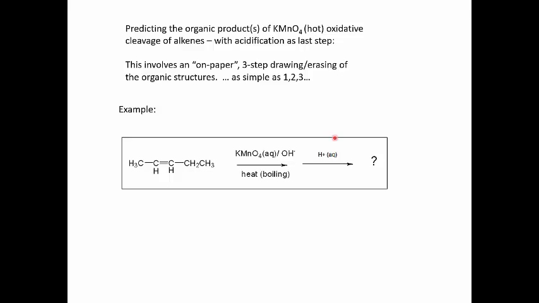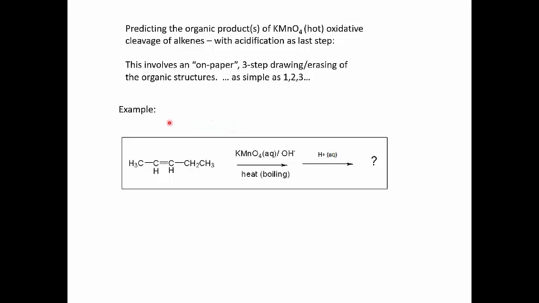The product or products that form can be figured out by going through a simple pattern process. It involves, if you will, on paper, a three-step drawing and erasing procedure of organic structures. As you're going to see, it's as simple as 1, 2, 3. Three-step process.